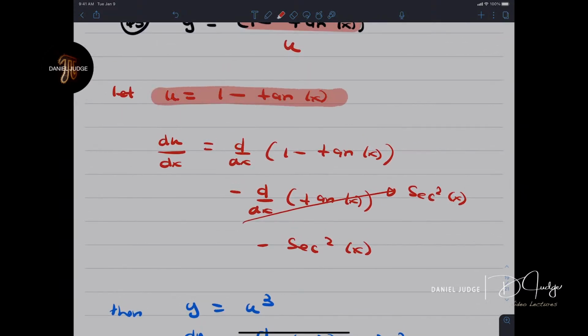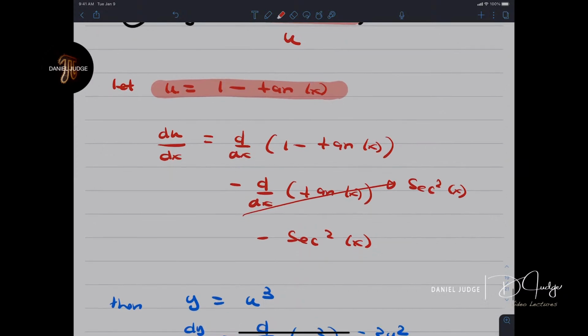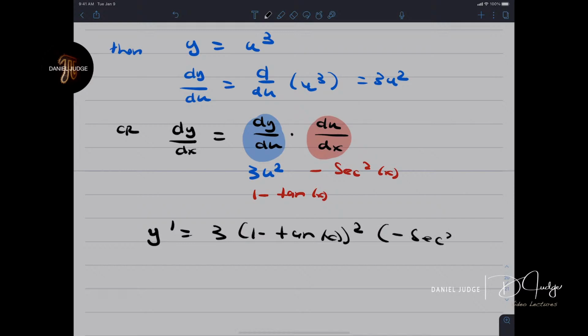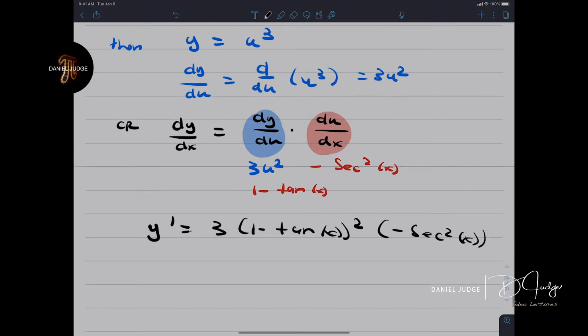U is 1 minus tangent. So 3 times 1 minus tangent squared times a minus secant squared.